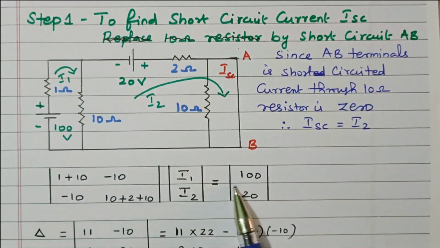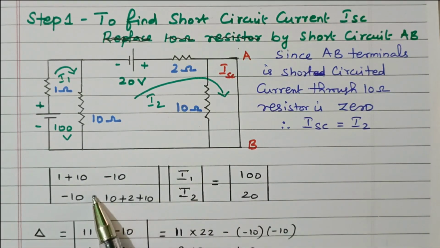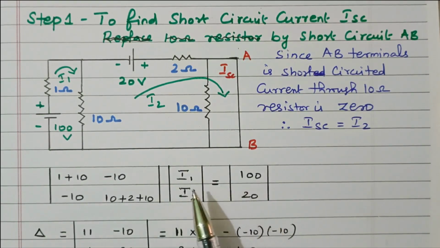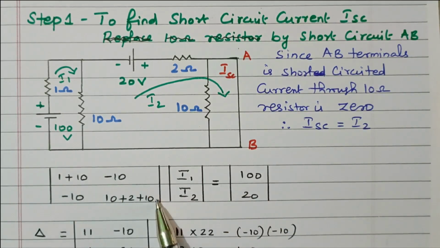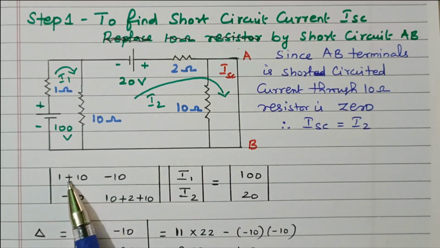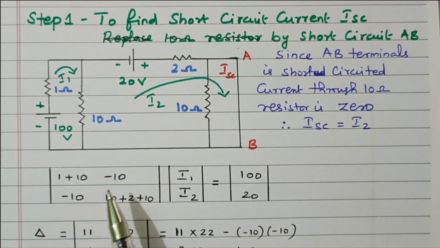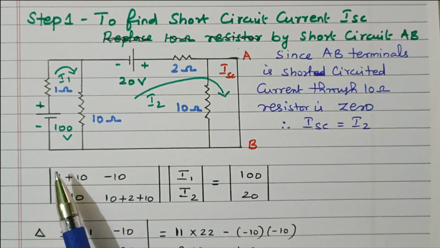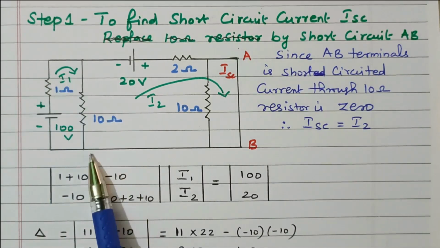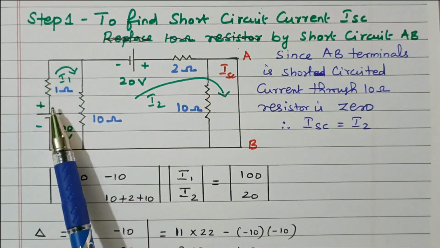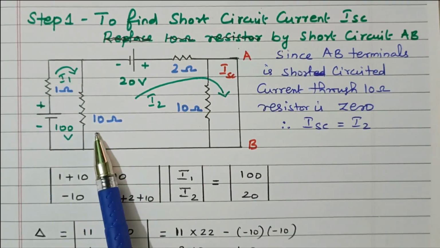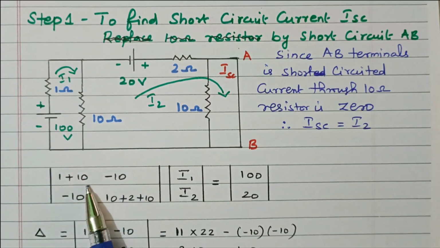How do we find the currents I1 and I2? We will follow the matrix method: the voltage matrix, current matrix and resistance matrix, V equals I into R. Separate videos are available on this KVL method. First we find the resistance matrix: R11, R12, R21, R22. R11 is the total resistance in loop 1, which has 1 ohm and 10 ohm, so 1 plus 10.